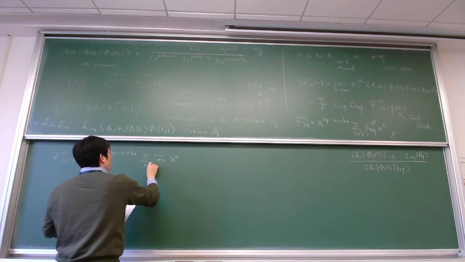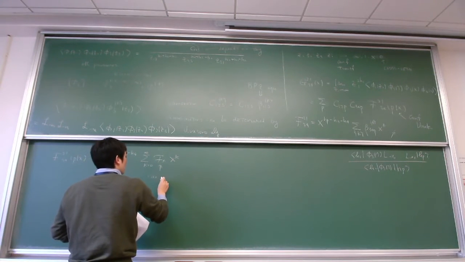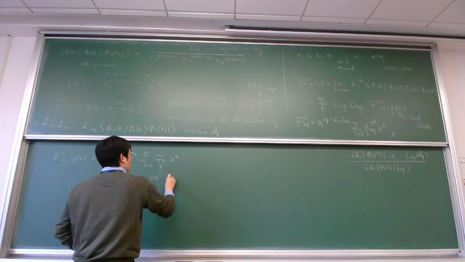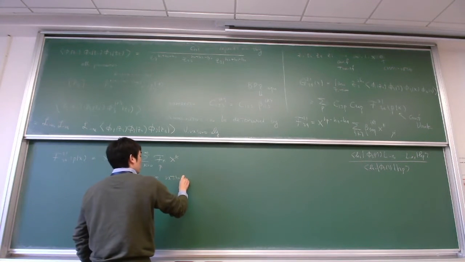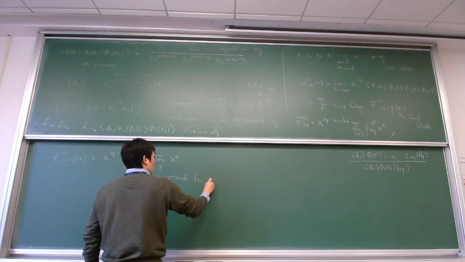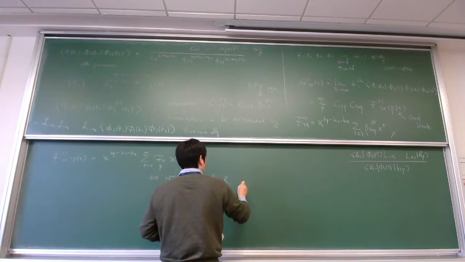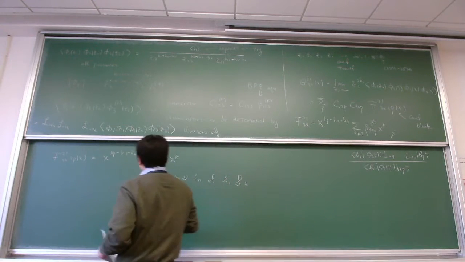And this guy can be written as a rational function of the conformal dimensions hi and the multiplicities.